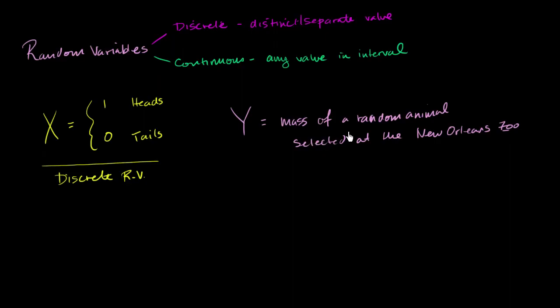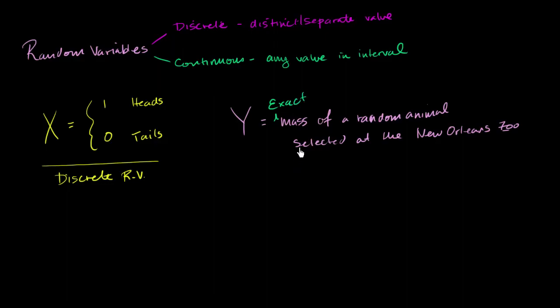Y is the mass of a random animal selected at the New Orleans Zoo. Is this a discrete random variable or a continuous random variable? Well, I should probably put a qualifier here: the exact mass.